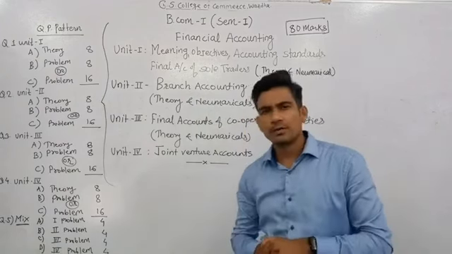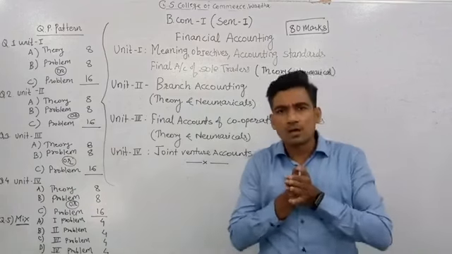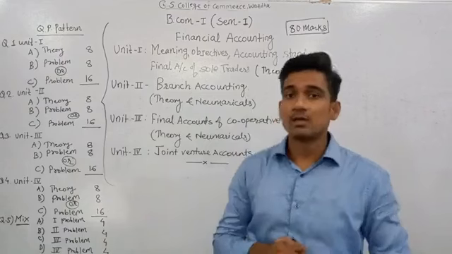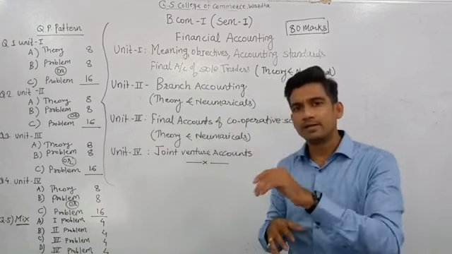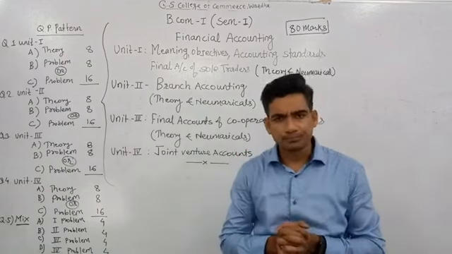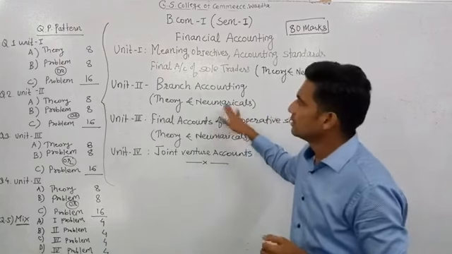In this branch accounting, we have to see how the branches work, how their accounts are being kept, how the reconciliation is being done, how the amount is being transferred, how the amount is being credited, debited from one branch to another branch. That we have to see in branch accounting. Here also we have the approach of theory and numericals.